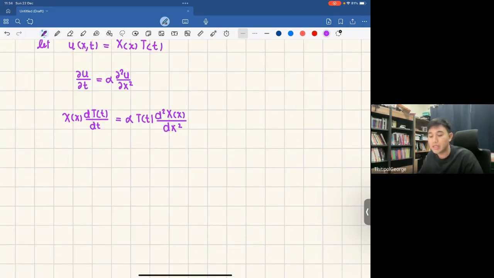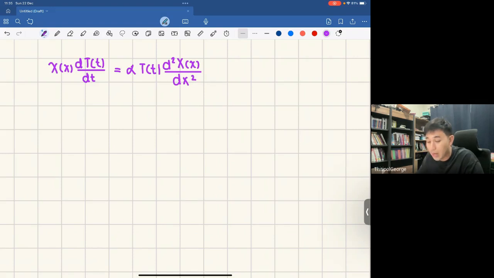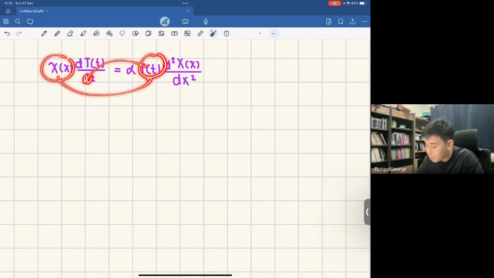Now we can separate the variables. So we bring T together, we bring X together. Let me move this to the left and move X to the right.